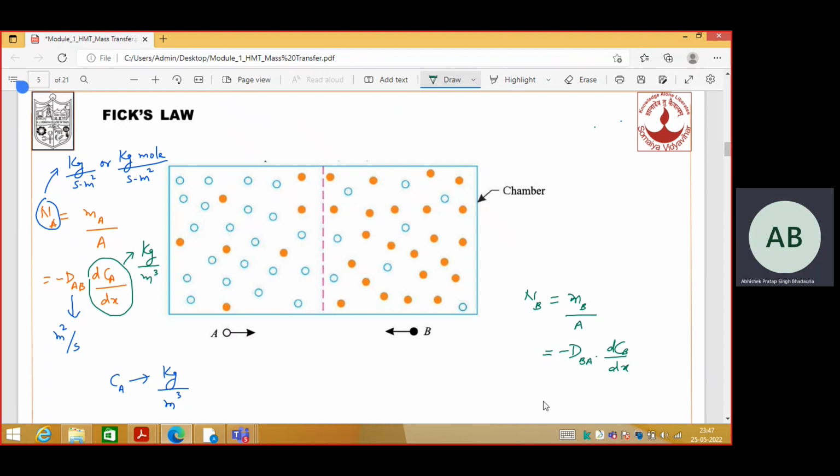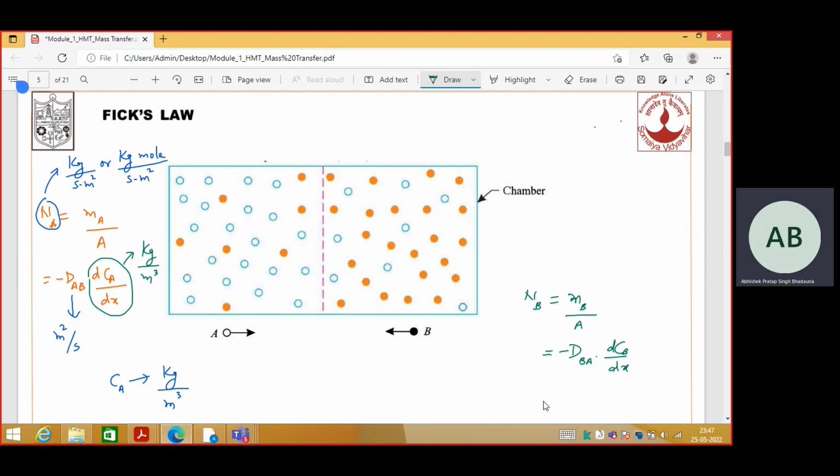So we can observe that the diffusion coefficient D, that is DAB or DBA, in this case will be dependent upon the temperature, pressure, and the nature of the components of the system.